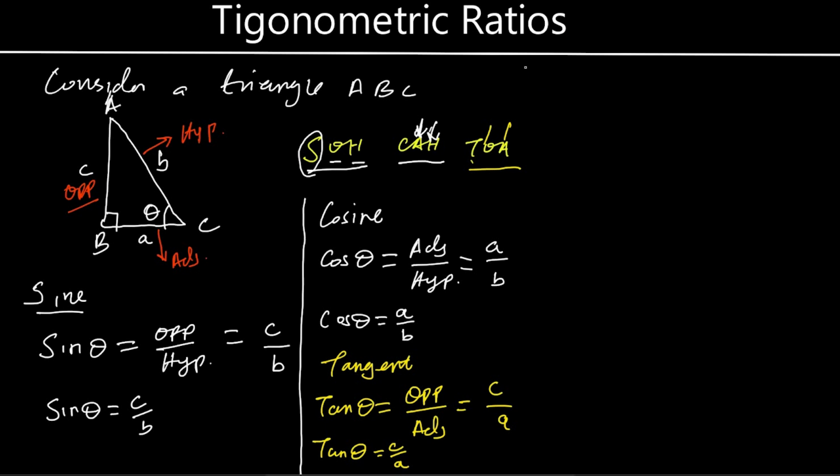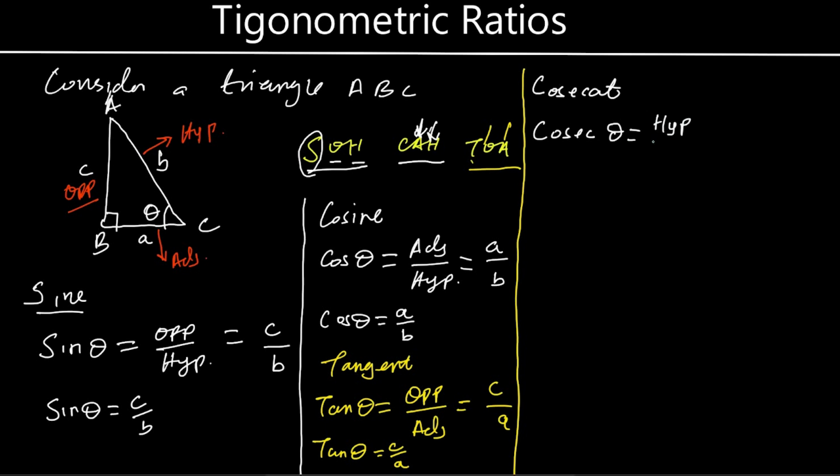Now moving on, we have the other three trigonometric ratios. And now we can start with the cosecant. It is shortened so that it is cosec. And we can say that cosec theta is defined by the hypotenuse divided by the opposite side.